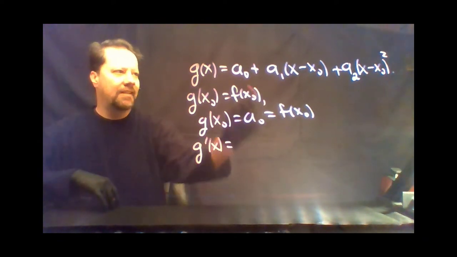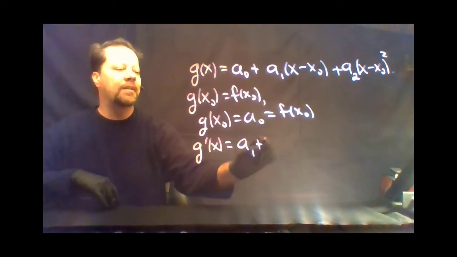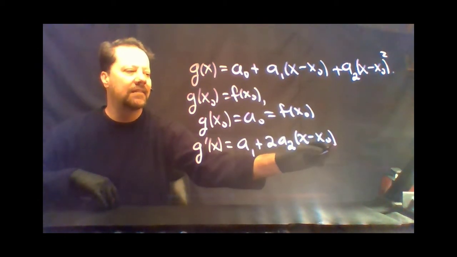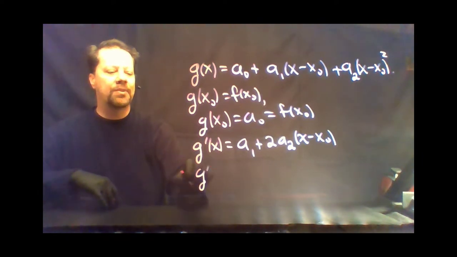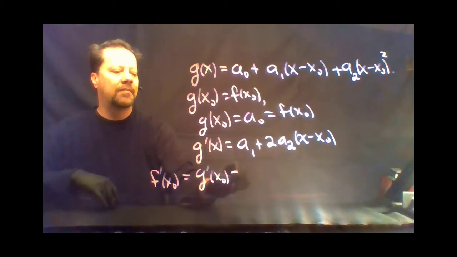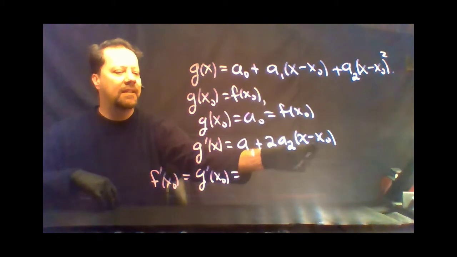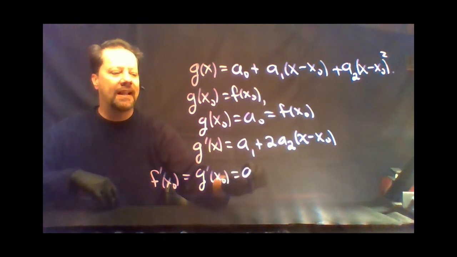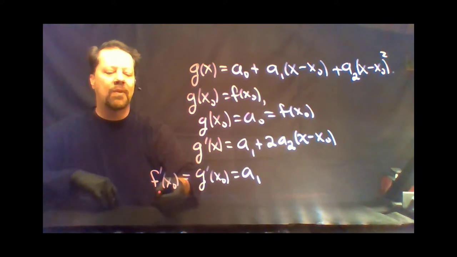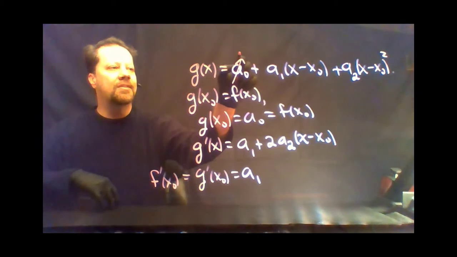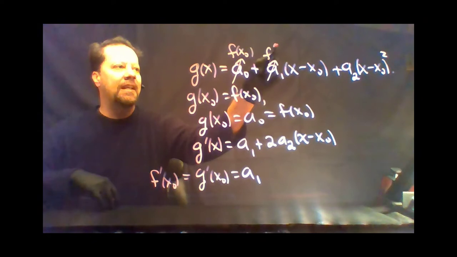G prime of x, in this case, is going to be a1 plus 2 times a2 times x minus x naught. To match slopes with f at x naught, what has to happen? Again, we're substituting x equals x naught into the formula for g prime, and we get a1. So the constant a1 must be the slope. So far, we know this constant a naught must be f of x naught, and the constant a1 must be f prime at x naught.